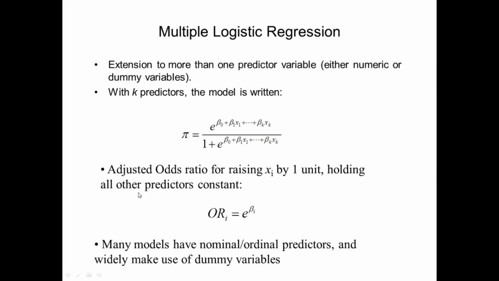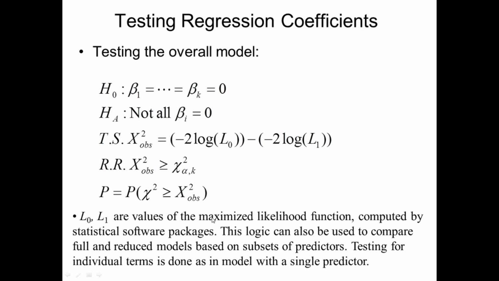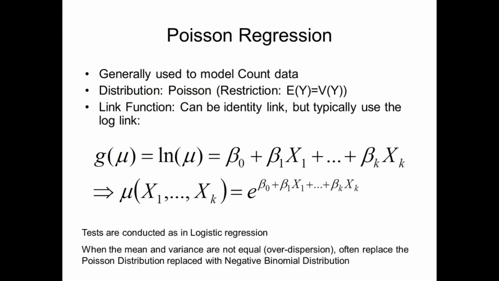Many models have nominal and ordinal predictors and make wide use of dummy variables. We also test the overall model significance or individual coefficient significance using statistics that follow a chi-square distribution.